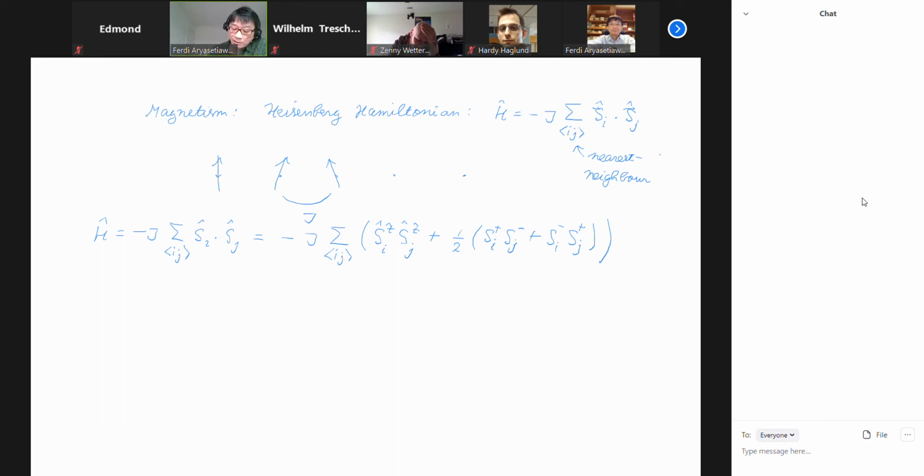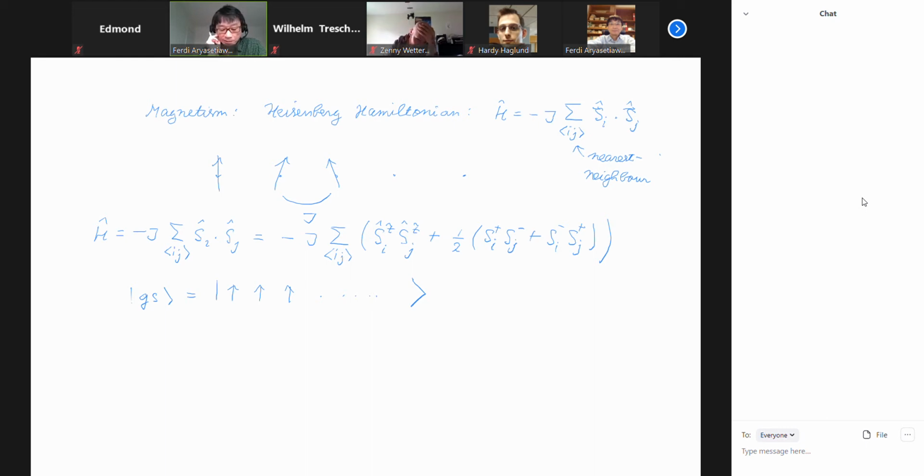Then we realize immediately that the ground state solution is quite simple. We have a ground state which looks like this: all the spins line up on each site in a certain direction.